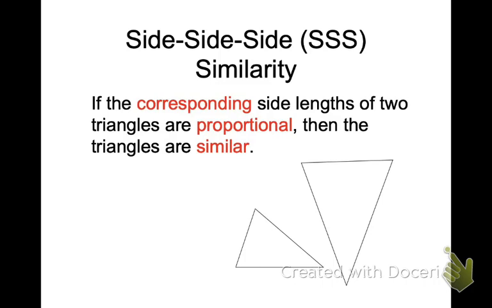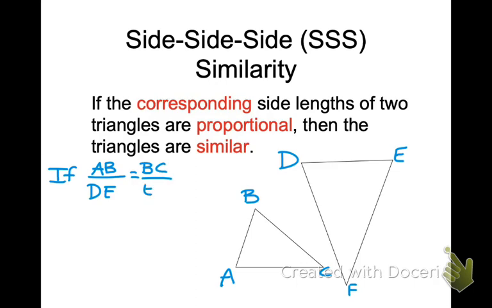So let's go ahead and name these A, B, C, D, E, F. Okay. So if, let's say AB, so if we have AB is in a ratio with, looks like that would be DE, is equal to BC over EF, which is equal to AC over DF.